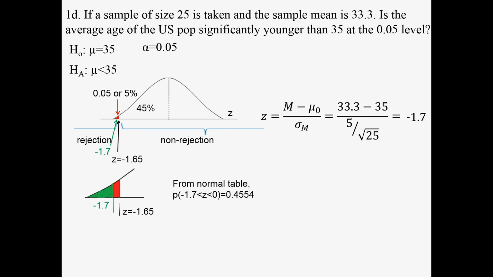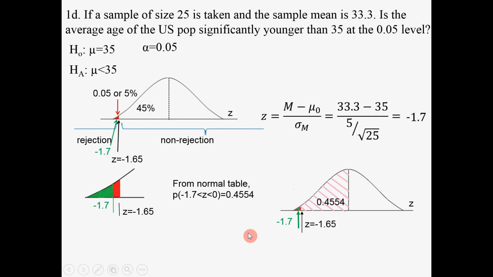The probability for a z-score falling between 0 and negative 1.7 is 0.4554. That means in a z distribution from the mean up to negative 1.7, the value is 0.4554. And from this it is easy to calculate the size of the green corner: subtract 0.4554 from 0.5.